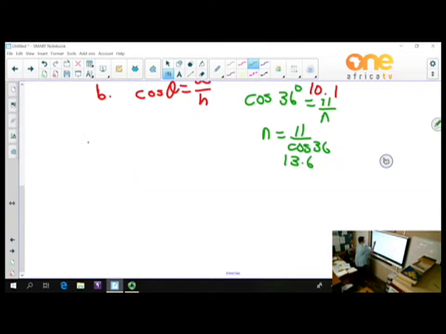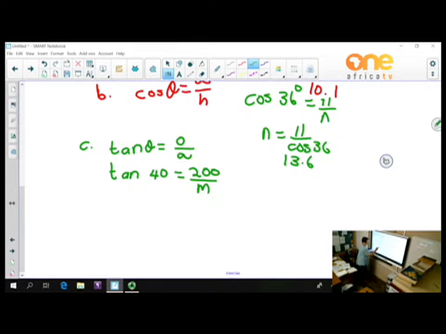Number C. Which function? Tan. Tan theta is opposite over adjacent. If we substitute now, tan 40 degrees is equal to, look at the angle, this one is opposite, the 200, and this one is adjacent, m.